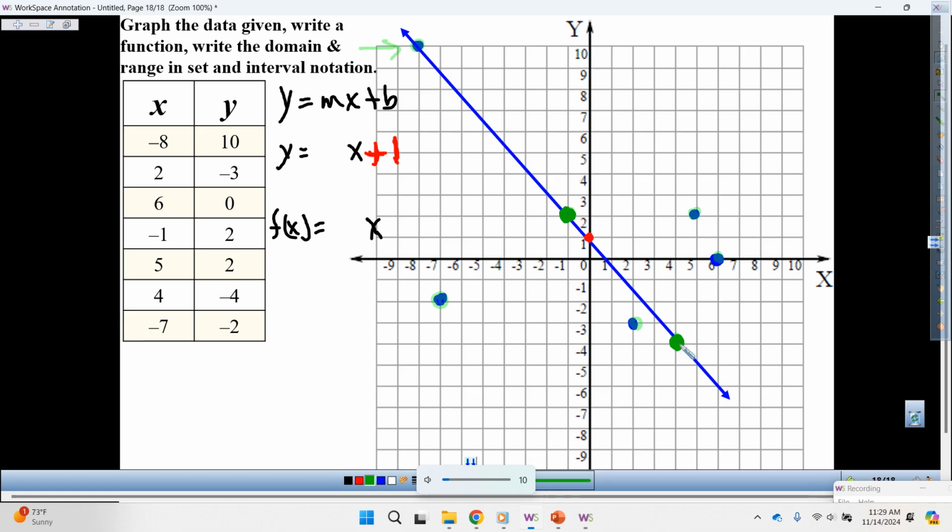All right. Denise, pass someone for the slope. Who? Gabriel. All right. Fraction form. What is our rise? What is our run? 1, 2, 3, 4, 5, 6.